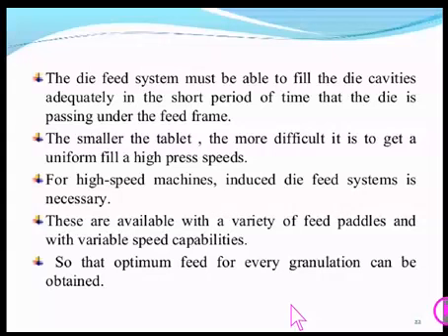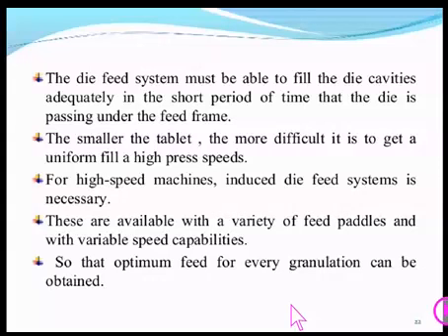If we are talking about the high speed machines, then the dye will get a very short period while moving under the feed frame holding the granulation material, and it will have very short period for filling of the material into the die cavity.